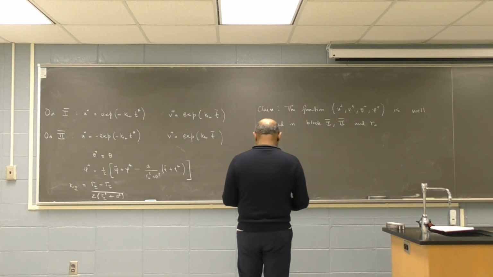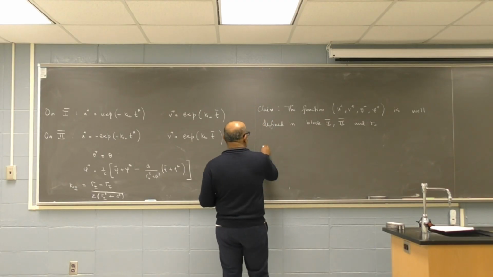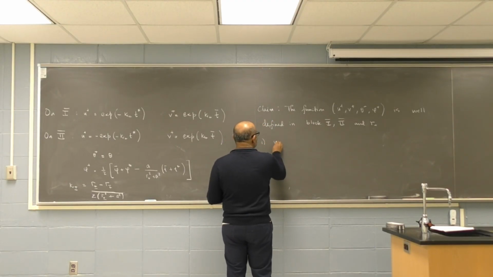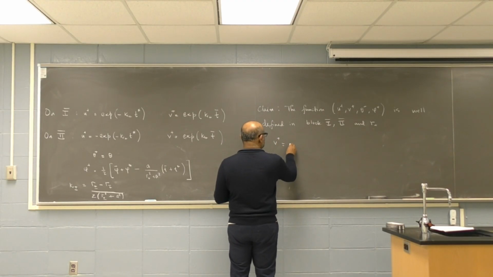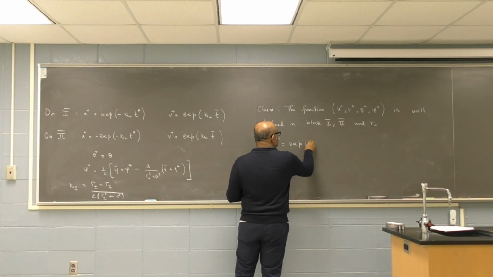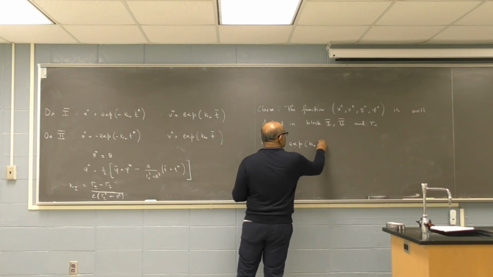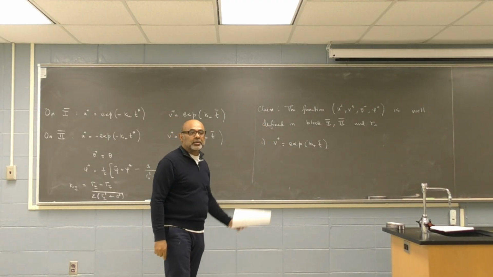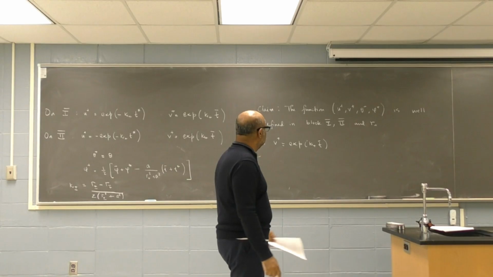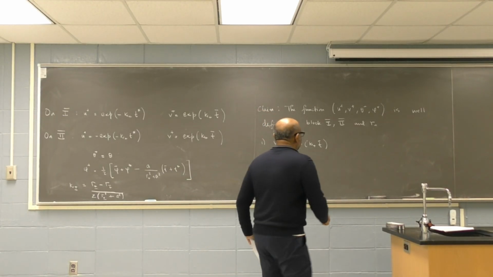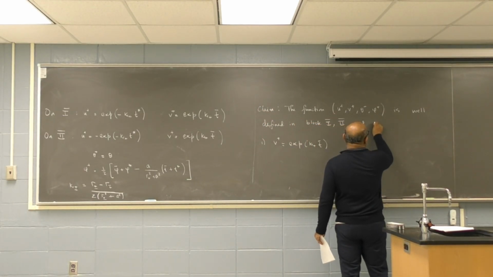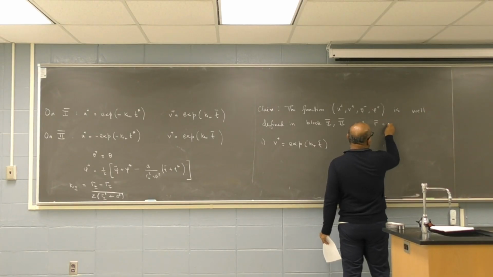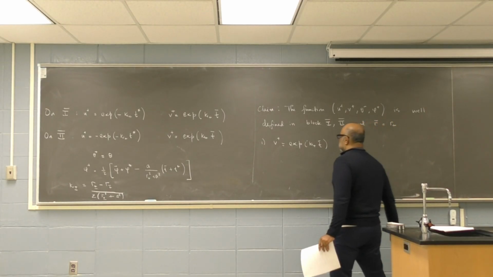Okay, so first part, V plus is equal to exp kappa plus T bar. T bar is well defined over R bar equals R plus.